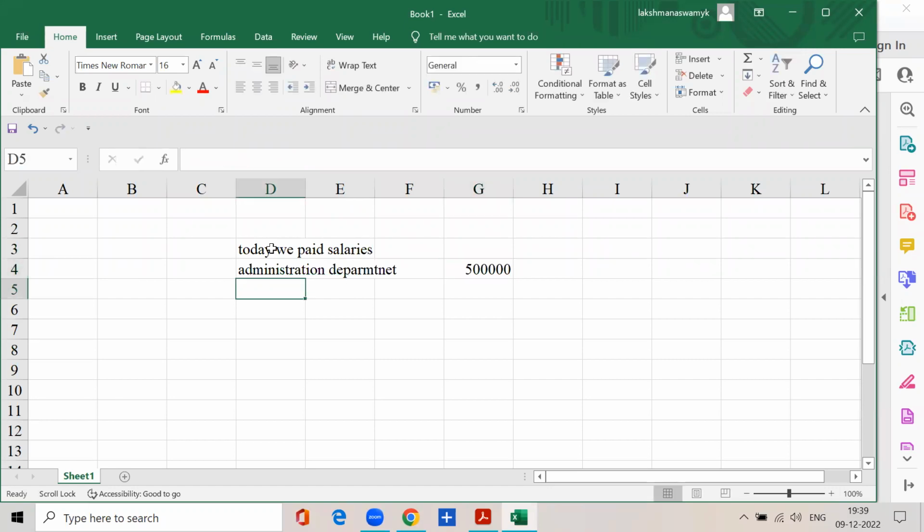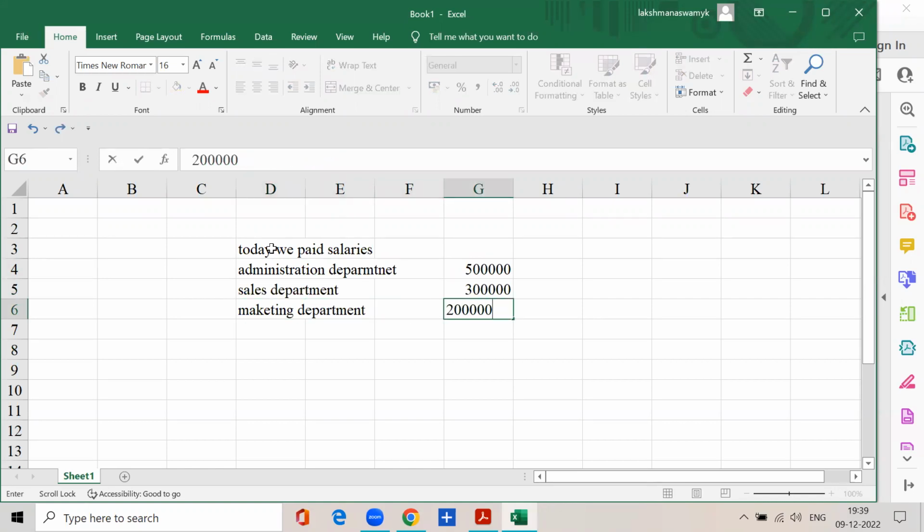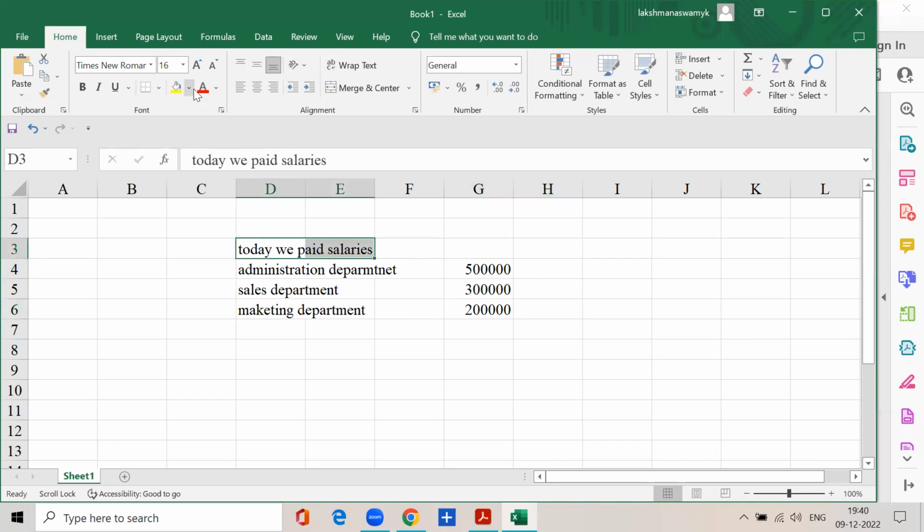Then sales department, we paid salaries of 3 lakhs. Then marketing department, we paid salaries of 3 lakhs. Right? Now, these are the salaries we have paid. Now, we have to account for this expenditure.